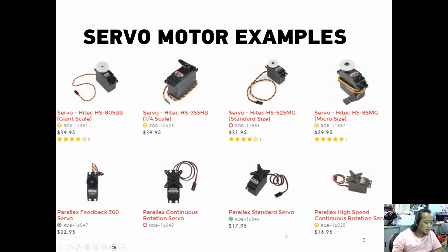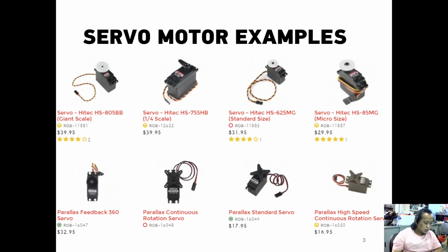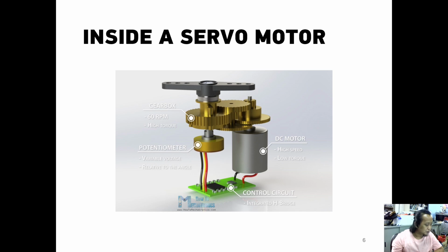This one is Parallax, and the price ranges also from $40 like that. We have some examples for servos, the types, the color, something like that.